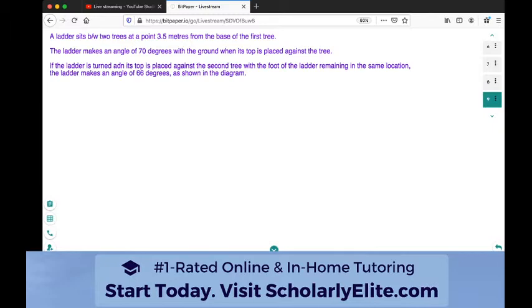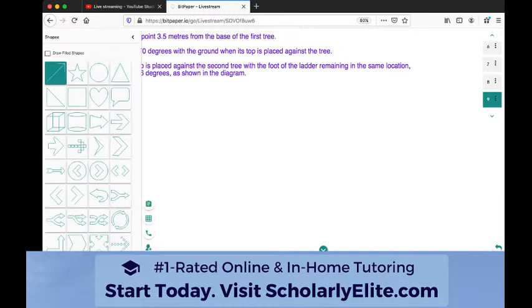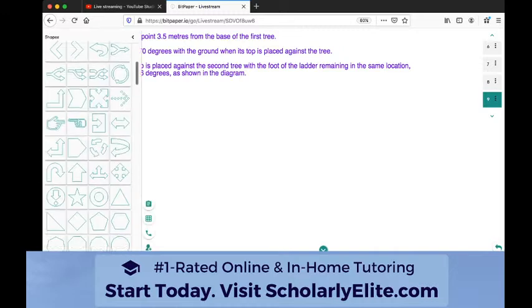Sometimes they'll give you way more information than you actually need. This question in particular is not doing that, so I want us to go through each piece separately. First, a ladder sits between two trees at a point 3.5 meters from the base of the first tree. That's a very weird statement, and I'm going to show you what that really is asking us.